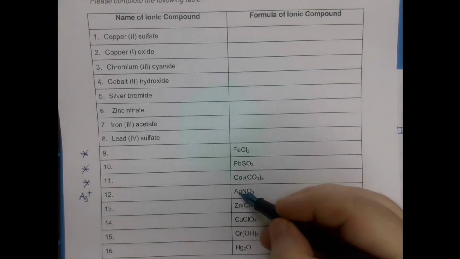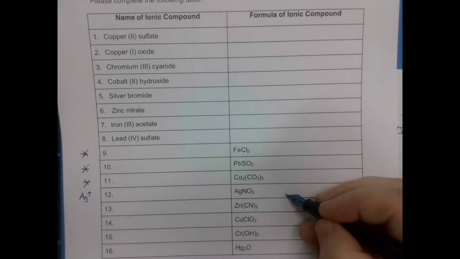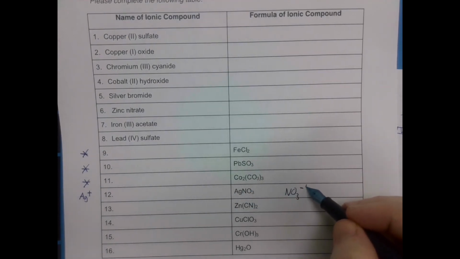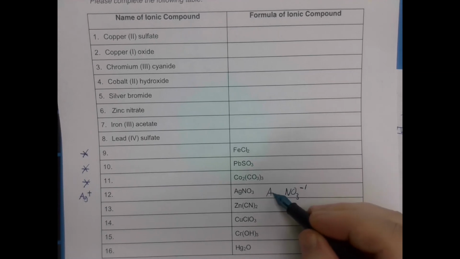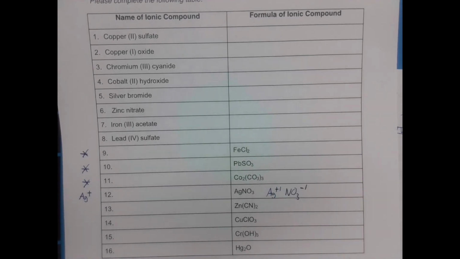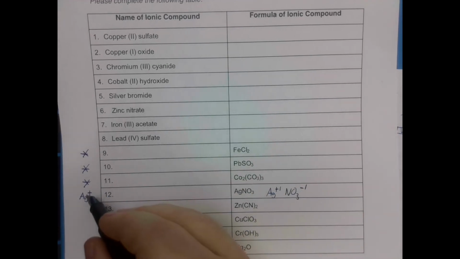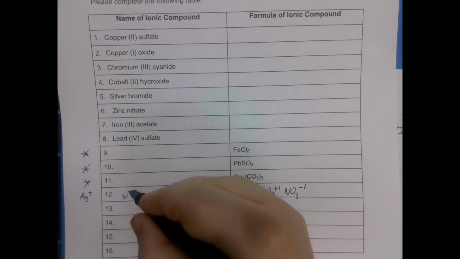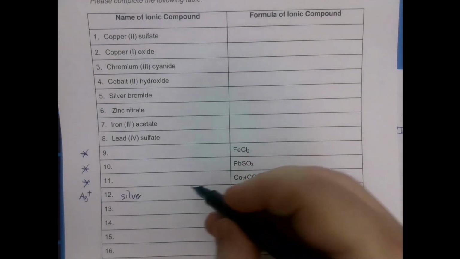Actually, we can tell that silver is Ag+ because nitrate is NO3 negative, and to counteract this -1 charge, Ag must be +1. So because silver only has one common charge, we would write silver nitrate.